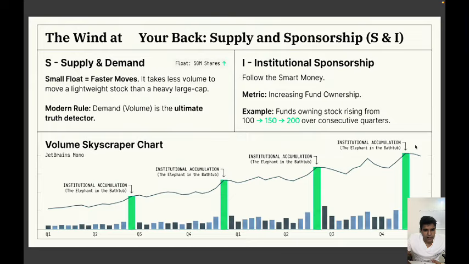The S stands for supply and demand, meaning is there a good demand for the products compared to the supply, or rather, compared to the supply of shares, meaning is there a good demand for the shares of the company, are people willing to buy the stock, right?